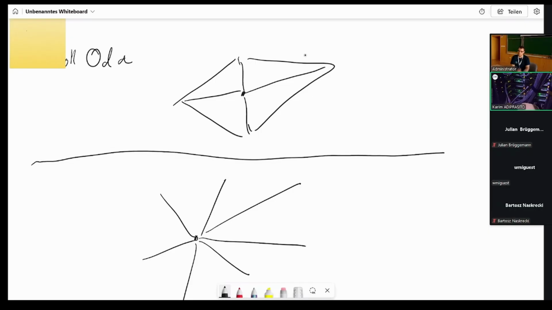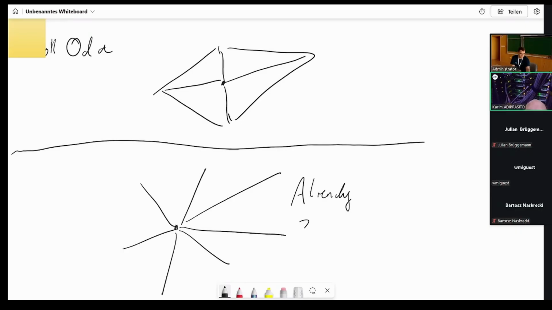This is the first non-trivial case, and also the first case I cannot really draw on this notepad, and already that case is open. So already the case of two-dimensional polyhedra is open for the smooth Oda conjecture.